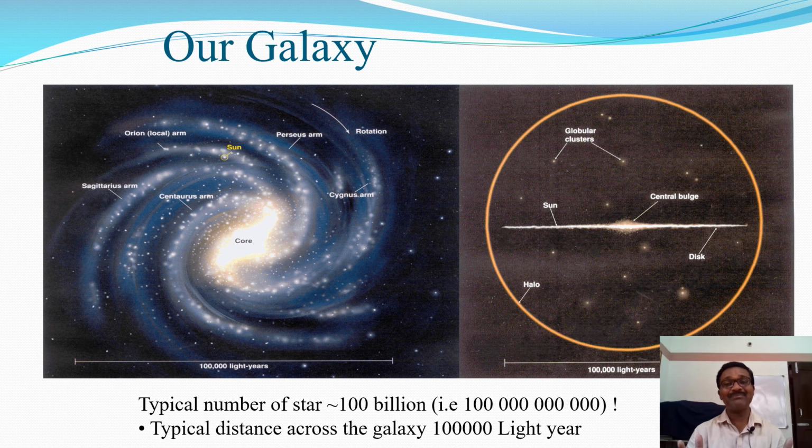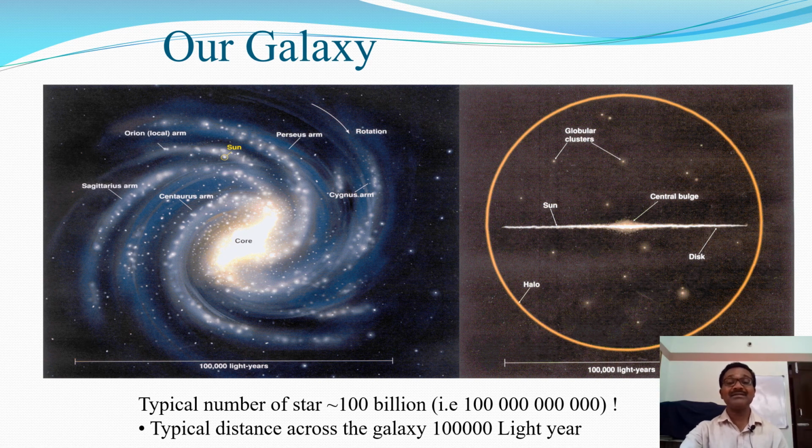So this is our picture of the galaxy. See students, this is the core of our galaxy. As you know, our galaxy is a spiral type. The typical number of stars, as I said, is 100 billion, that means 10 raised to 11 stars contained in our galaxy.